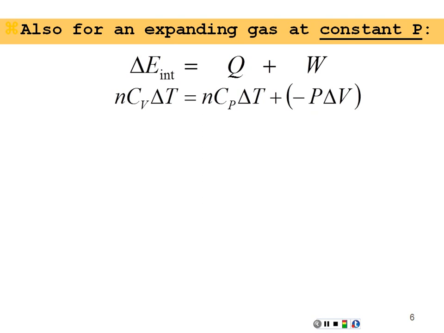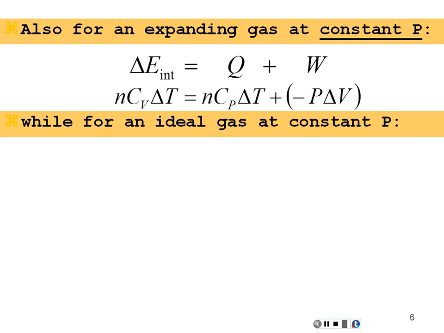We're going somewhere with this. Note for our ideal gas, PV equals nRT, so P delta V equals nR delta T. We're going to substitute this in for ideal gas into this previous equation.